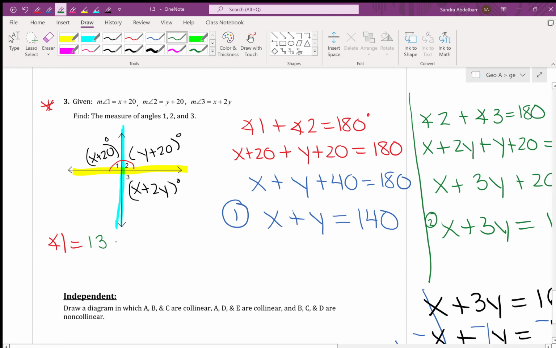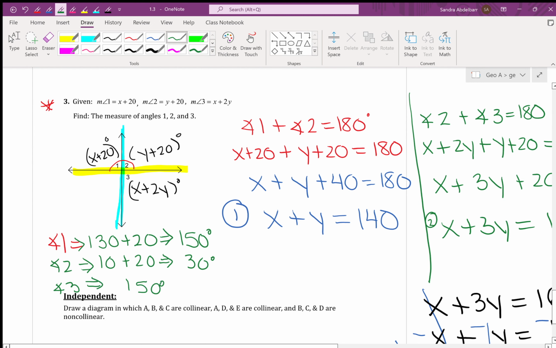Isn't it 130? Yeah. 130 plus 20 is 150. All right, angle 2 is y plus 20. So that's 10 plus 20, which is 30. And angle 3, I don't have much space, will also be 150.